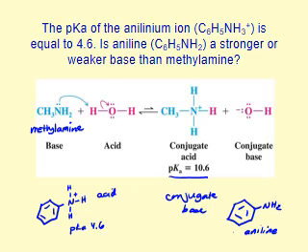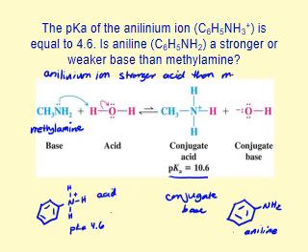And so we can make predictions that the anilinium ion is a stronger acid than the methylammonium ion. And why am I making that conclusion? Because we were told that this has a pKa of 4.6 and this has a pKa of 10.6.